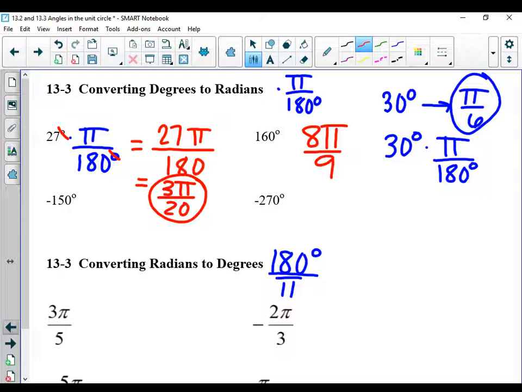For 150, that one you can actually see on your unit circle. That's going to be your 5 pi over 6. And because it's negative, it just stays negative. Not anything fancy to it.